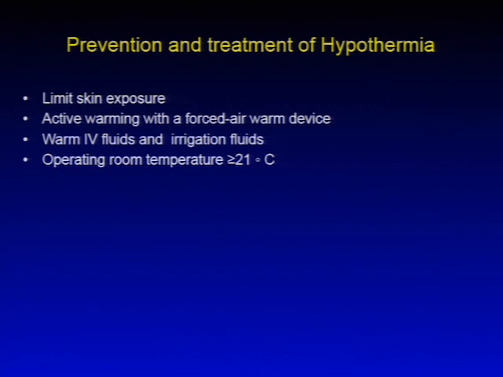Prevention and treatment of hypothermia is by limiting skin exposure, active warming with a forced air warming device, warming IV fluids and irrigation fluids, and keeping operating room temperature above 21 degrees.